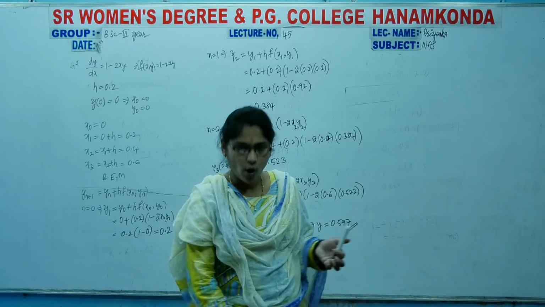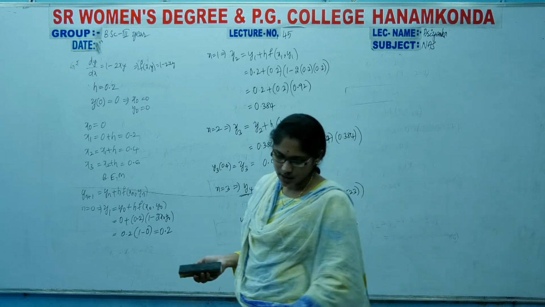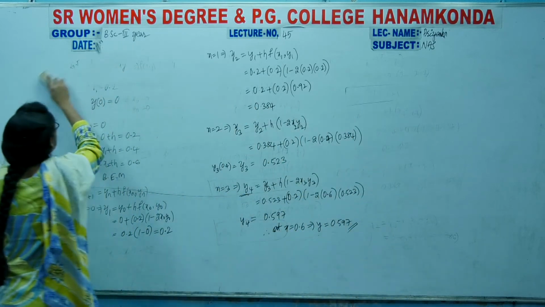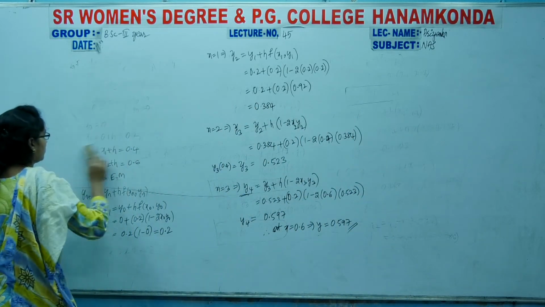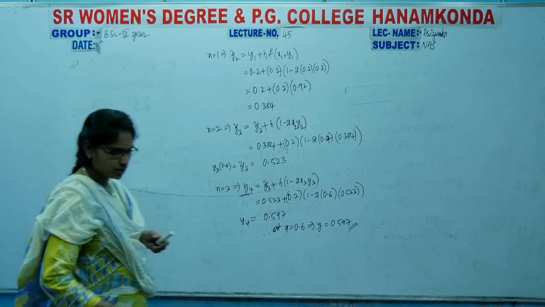Now I am going to give homework to you. I will give the hint also. Okay, now write down using Euler's method. Simple, normal, just a formula, and every time we have to substitute the values.